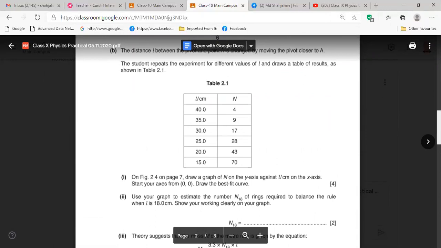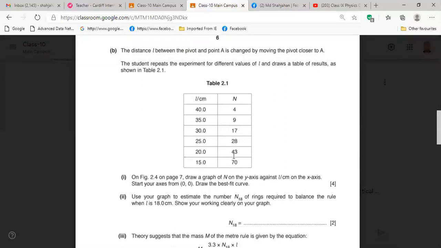Draw a graph of n on the y-axis and L on the x-axis. You have n up to 70, L ranges from 15 to 40, and they are asking us to start the graph from 0, 0. So L is from 0 to 40, and n is from 0 to 70.